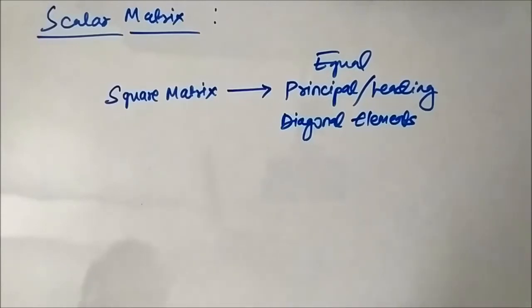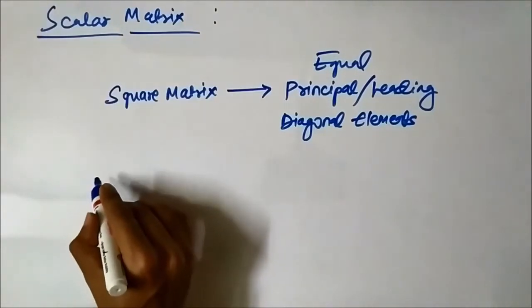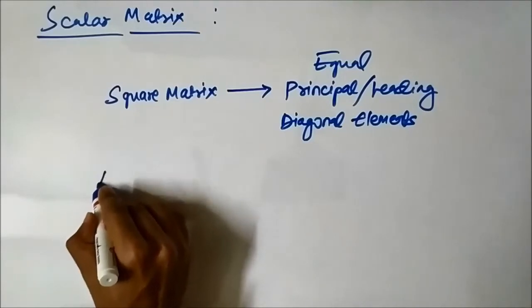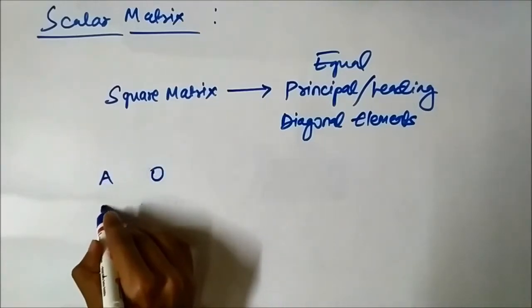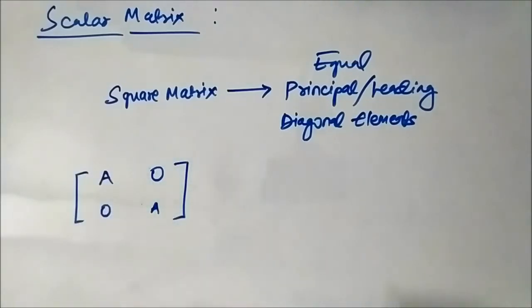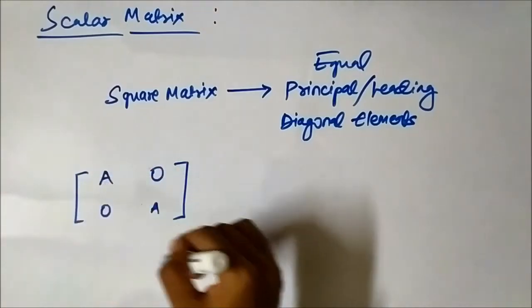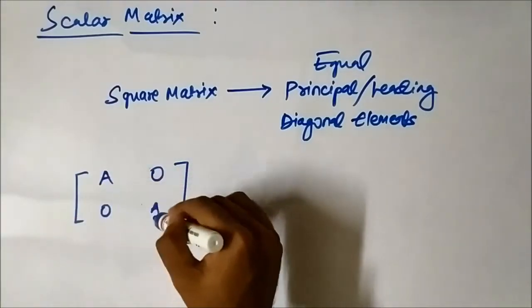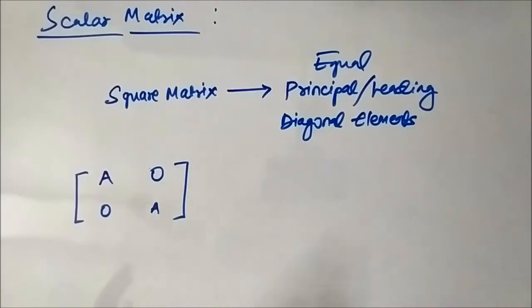So an example of a scalar matrix is, in general form, A 0 0 A. See here, the principal diagonal elements are equal. The other definition of a scalar matrix is that it is a diagonal matrix with all the principal diagonal elements being equal.